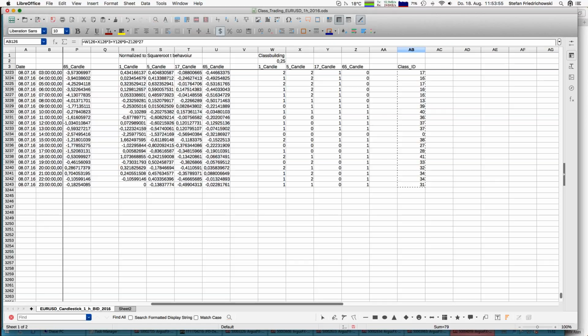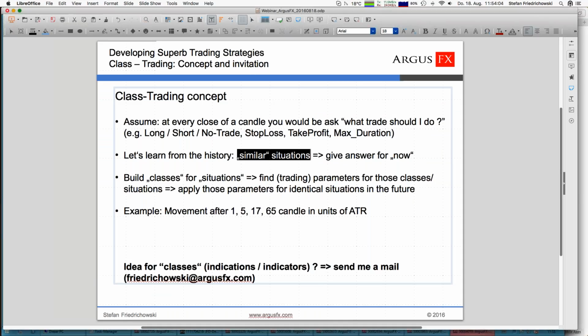But now my invitation. My invitation is simply, you might have additional ideas of how to build or to create those kind of classes. You might just think about the full set of indicators you have within any chart software tool.